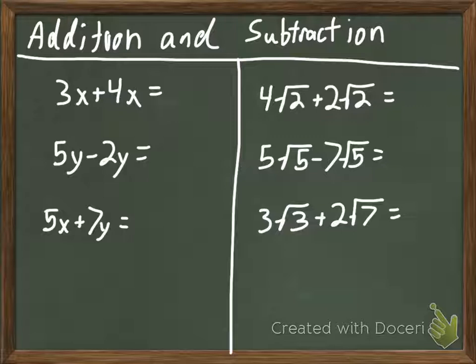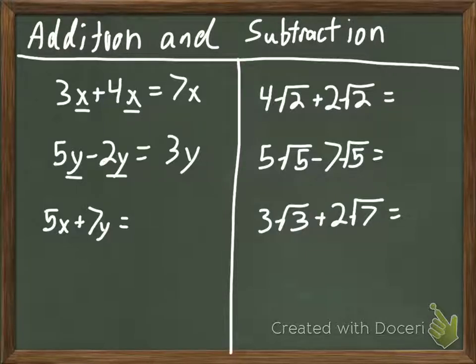So, addition and subtraction. Over here on the left we have an example of how this is going to work, and we're using variables because we've been very familiar with variables throughout the year. 3x plus 4x. We know that we can add these because the x is the same, so 3x plus 4x is 7x. 5y minus 2y, again, a y and a y, that works: 3y.